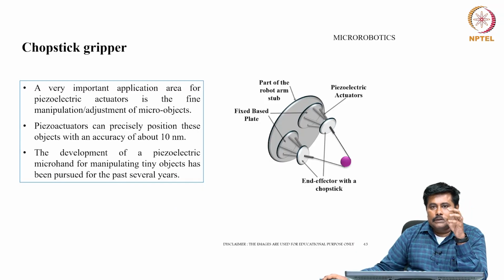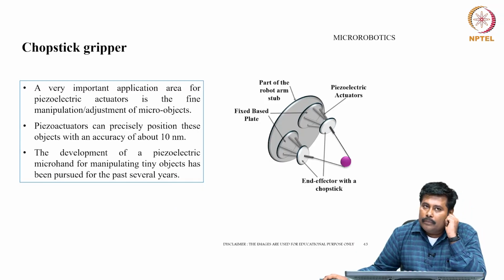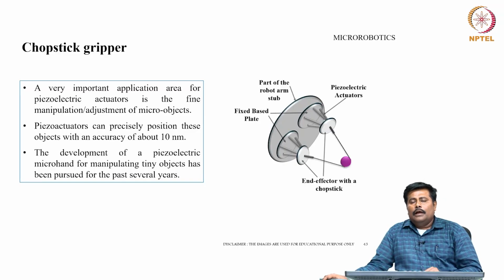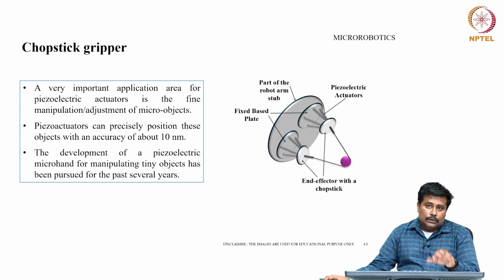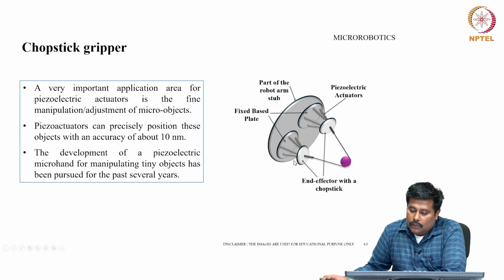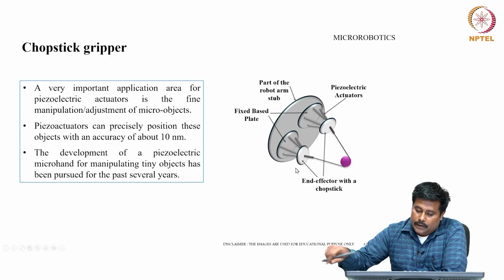Now let me introduce you to one of the important application areas where these piezoelectric systems are efficiently used, for micromanipulation related applications. Let me introduce you to this concept of the chopstick gripper. If you see the overall construction of the chopstick gripper, there is a part of a robotic arm stub.